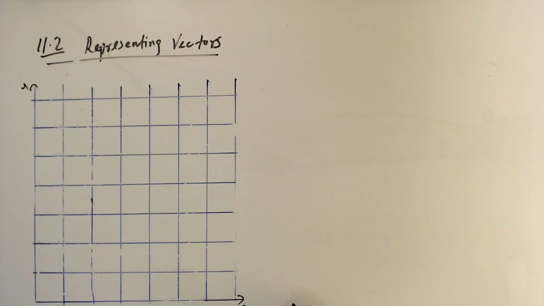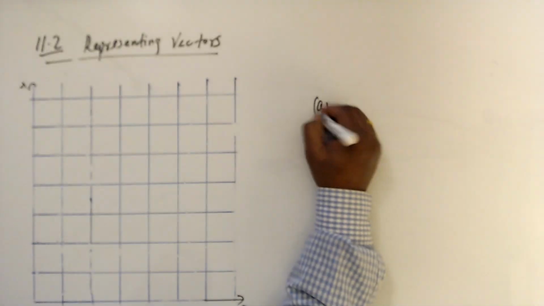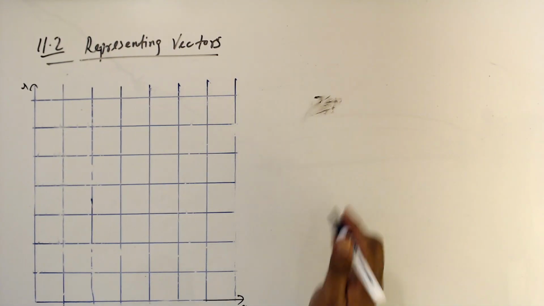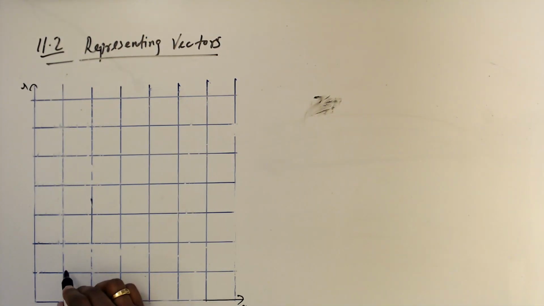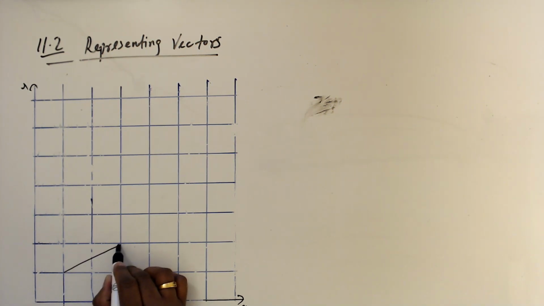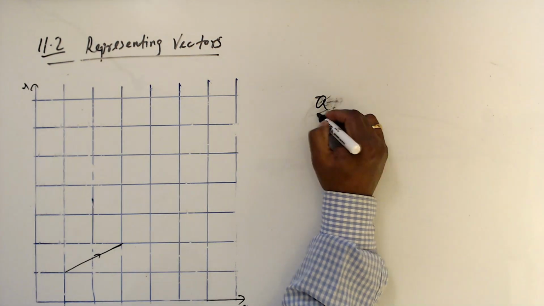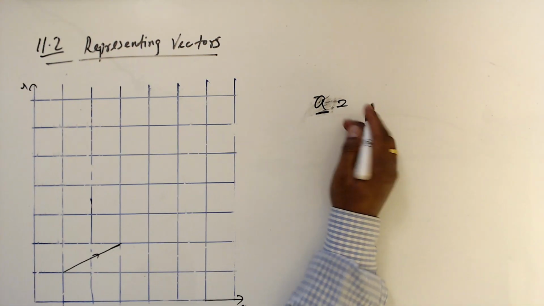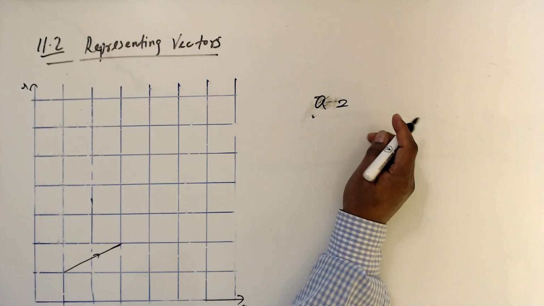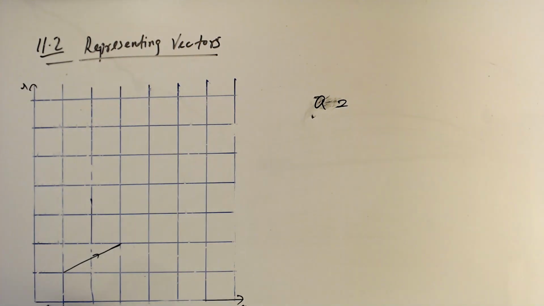Now let's discuss, I'll draw a vector here, vector a. So this is i and this is j.